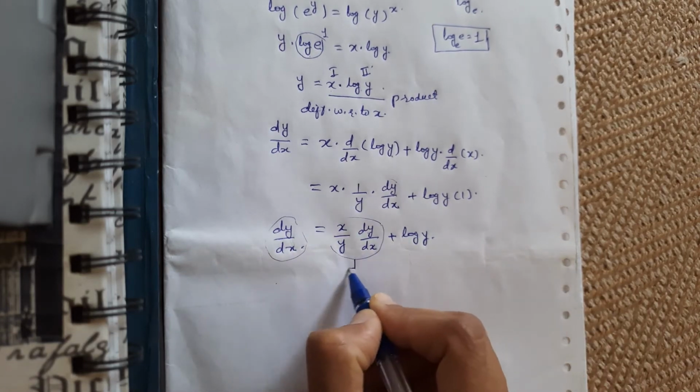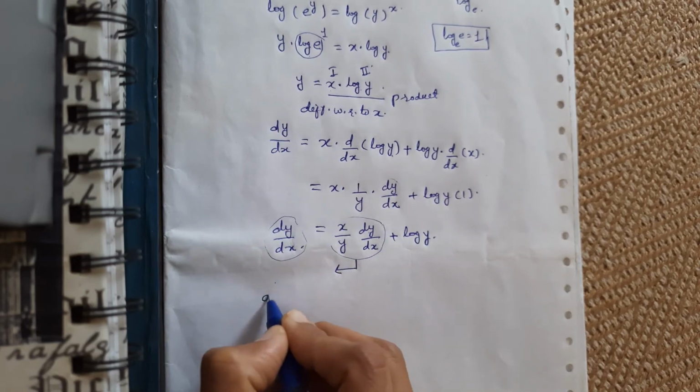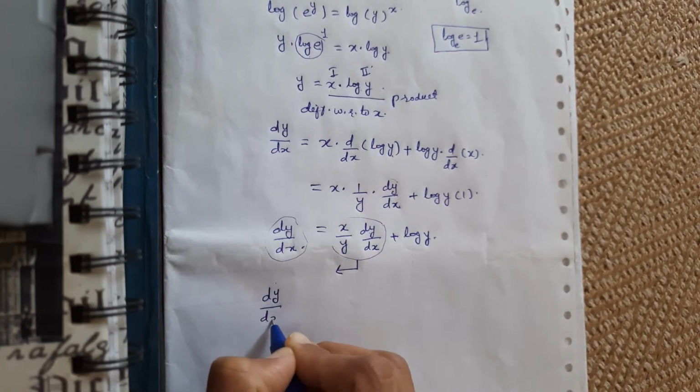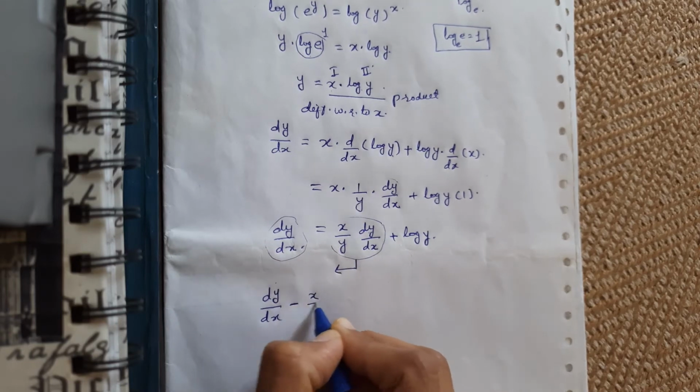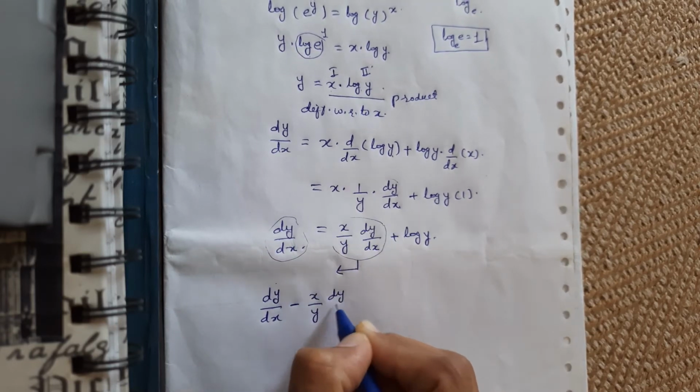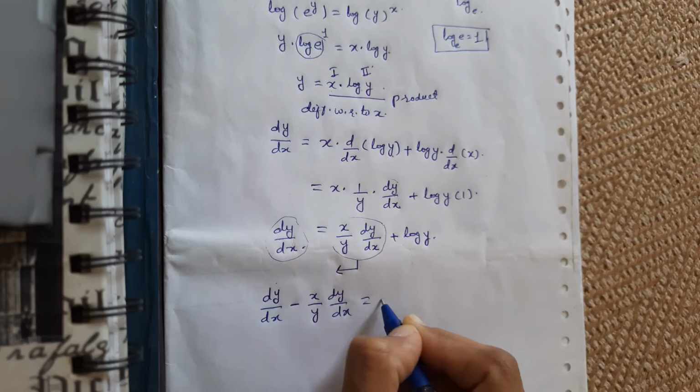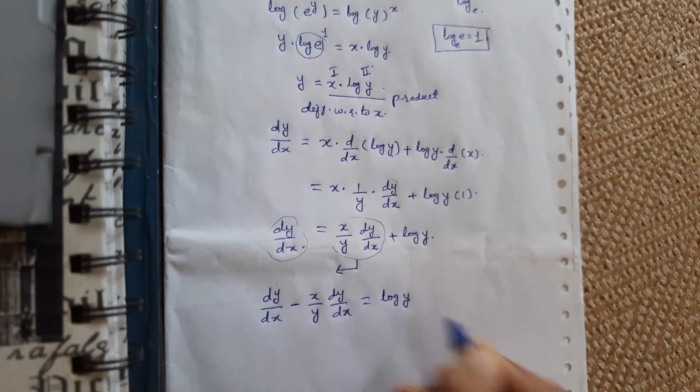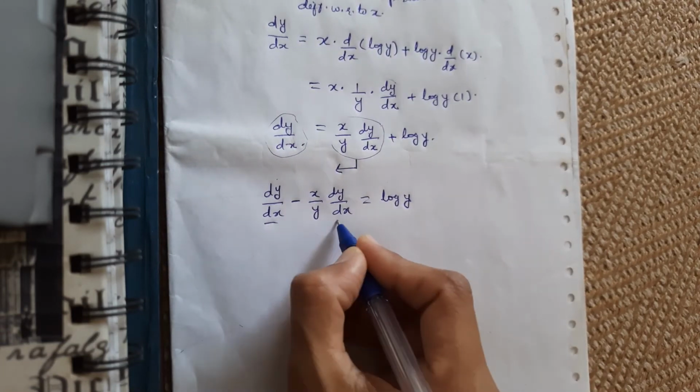So I am just taking this term to this side. I will get dy by dx minus x upon y dy by dx equal to log y. Now take this dy by dx common.